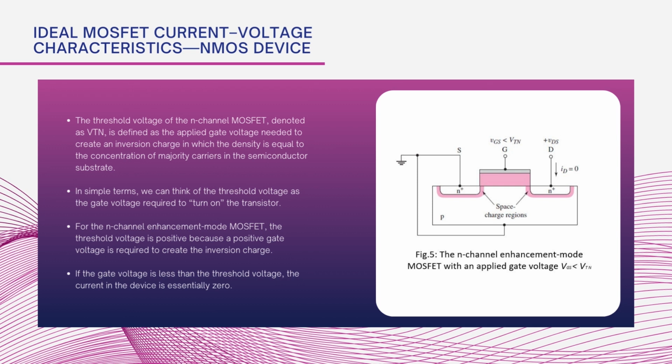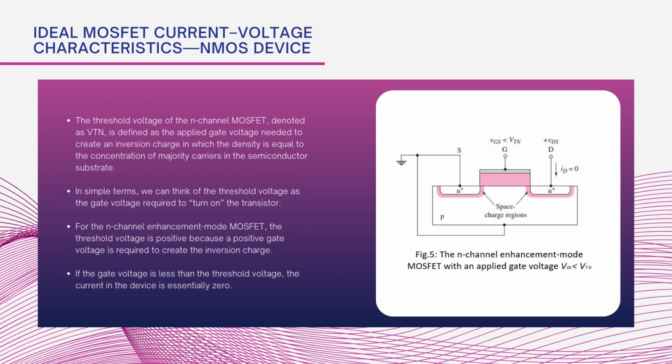Threshold voltage is the amount of voltage we need to apply at the gate terminal to create this inversion layer. In simple terms, we can think of the threshold voltage as the gate voltage required to turn on the transistor.